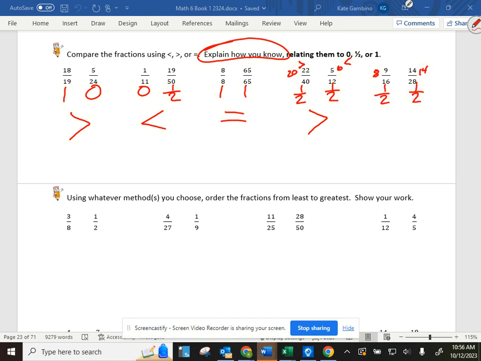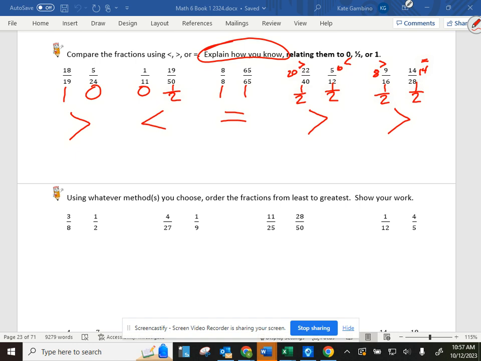So what symbol am I going to put there? Because I'm comparing a half to a half. So is 9 bigger than the half or less than a half? Bigger. And this one's actually equal to. So 9 is greater than 8, whereas 14 is equal to 14. So we know that 9/16 is greater than.